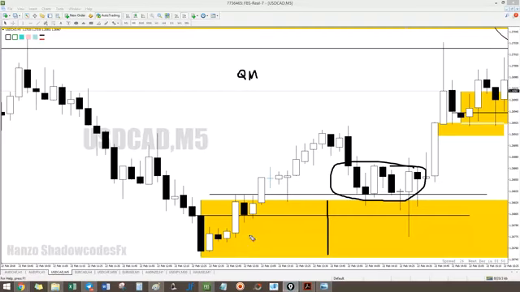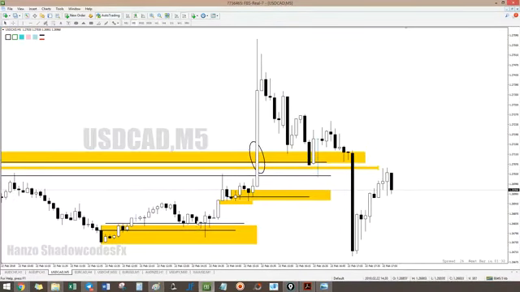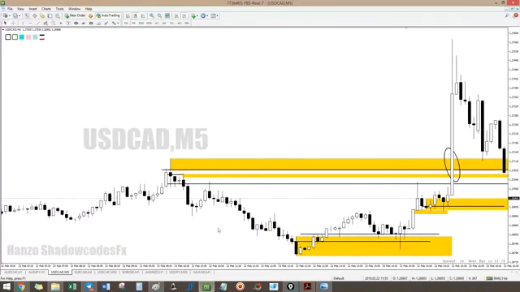Even though this one is not a clean break, the rejection is very beautiful. This type of rejection, you need to have experience, because only experience can teach you. I already taught you the theory, but to see the beauty of rejection, you need a little bit of experience trading the rejection.